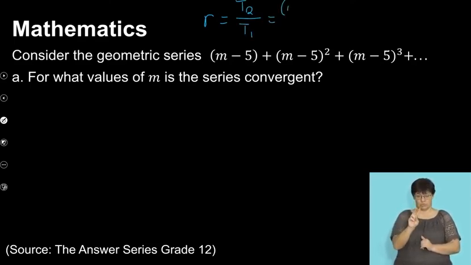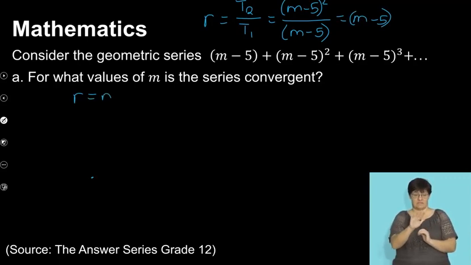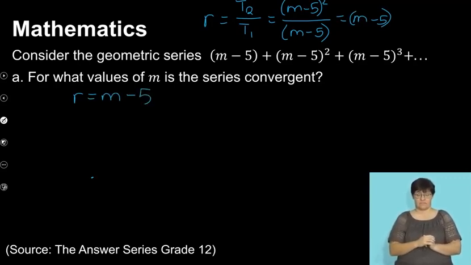Term 2 is equal to (m minus 5) squared, and I'm going to put that over m minus 5. Hopefully everyone can see that (m minus 5) squared over m minus 5 is equal to m minus 5. So that means for this example, my common ratio is equal to m minus 5.